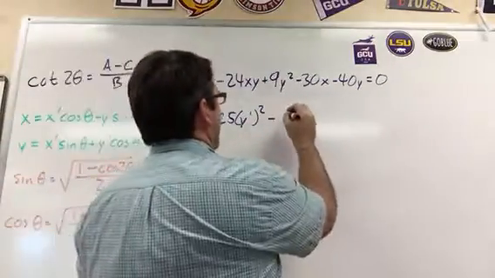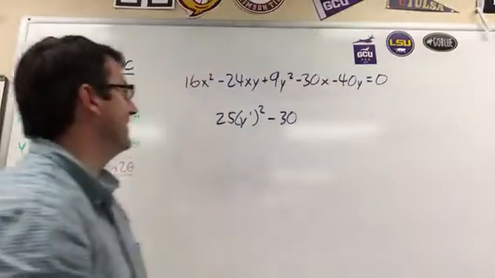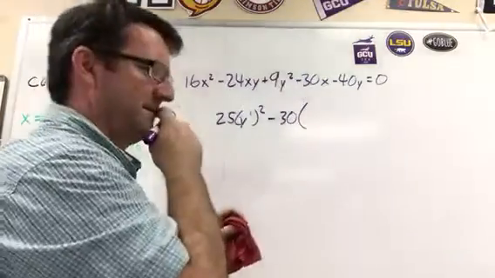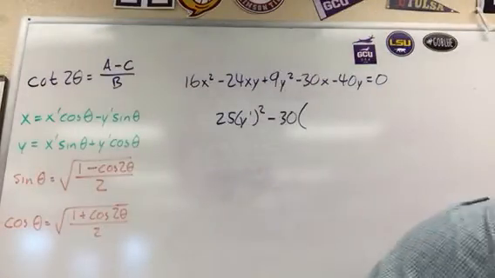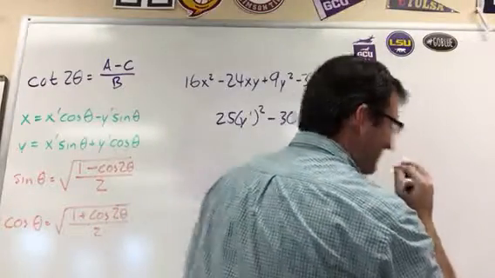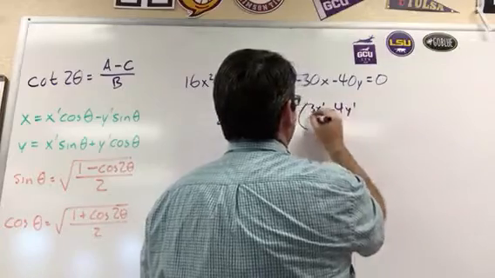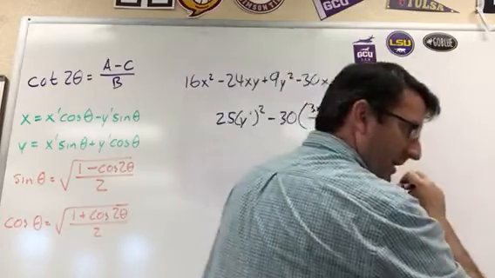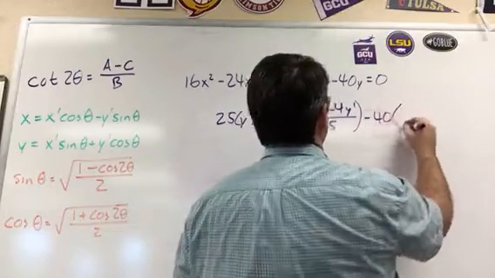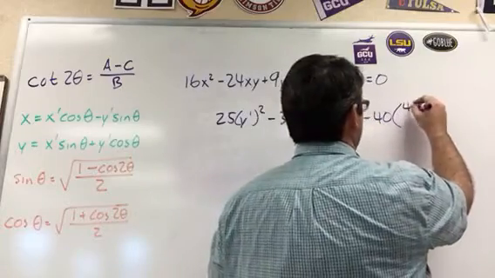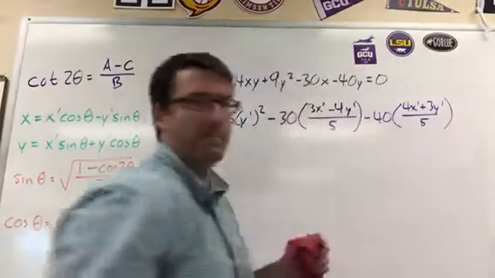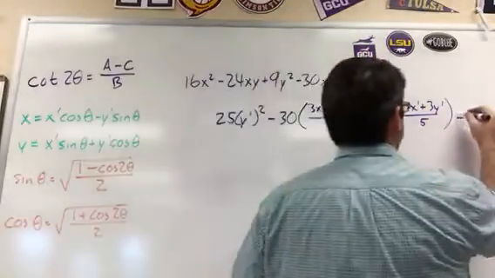So what we're left with is minus 30 times, and now we've got to plug our x back in. What did we have for our x? 3x' minus 4y' over 5, minus 40 times our y, which is 4x' plus 3y' over 5 equals 0.